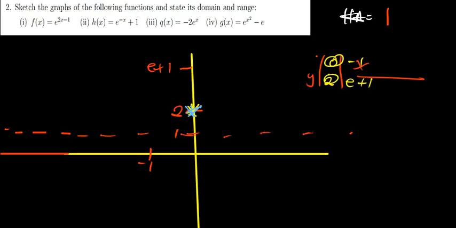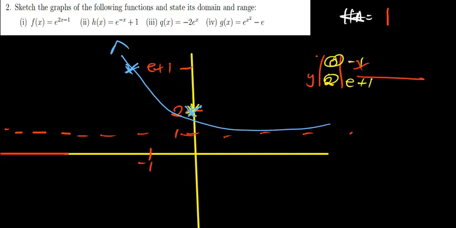Negative 1, e plus 1 is there. Starting from the asymptote, we can clearly see it touching these two points, but the graph has to be neat. But anyway, sketching, so this is the graph.